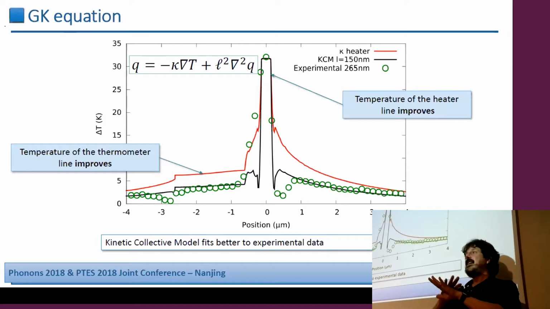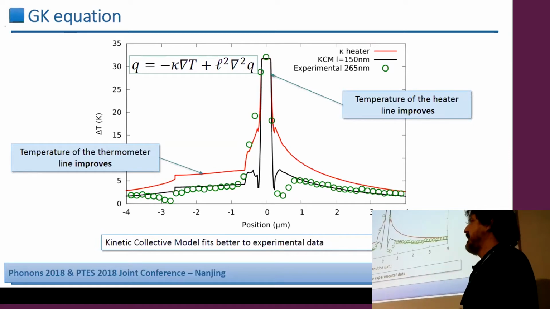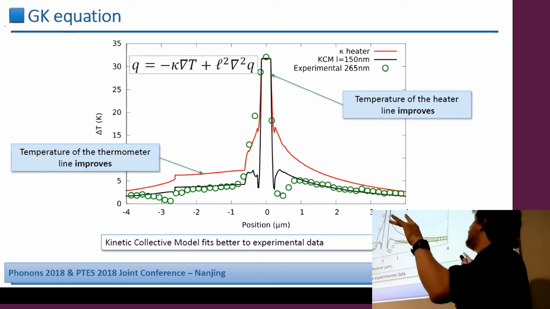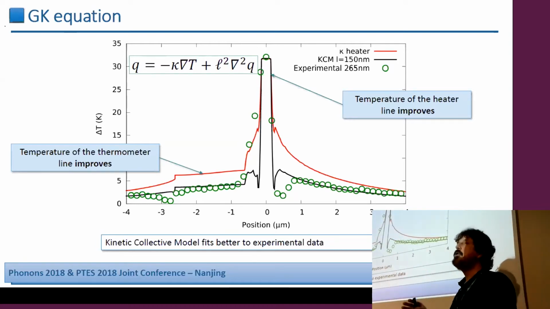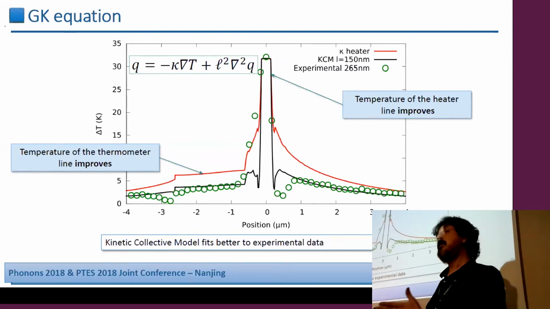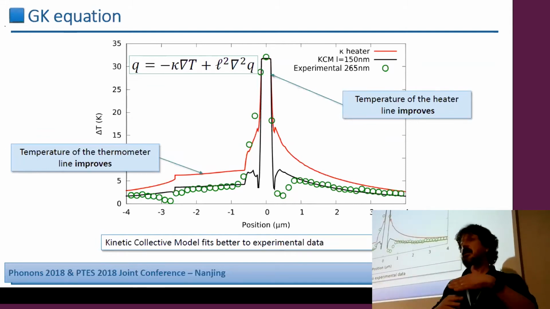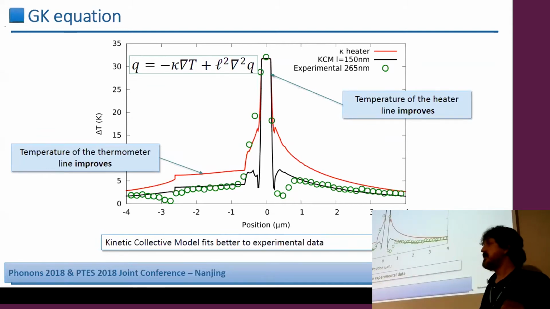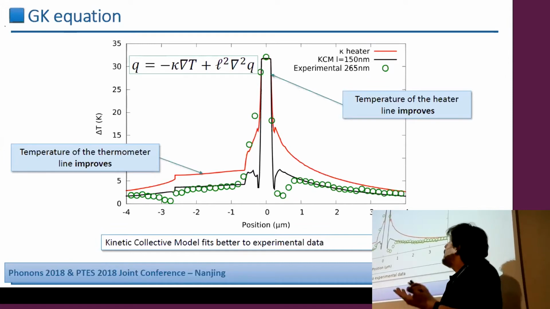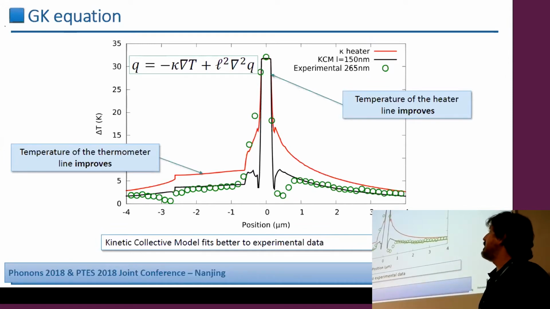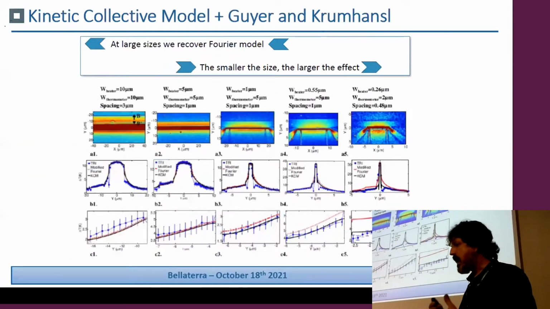We have used the ab initio parameters. So there isn't any trick, let's say. We also don't use any thermal boundary resistance. We just put the intrinsic thermal boundary resistance without changing. So this is another evidence that silicon can be explained by this.